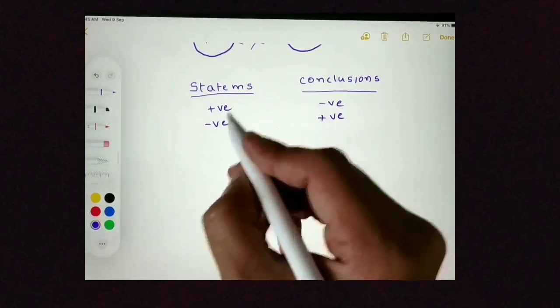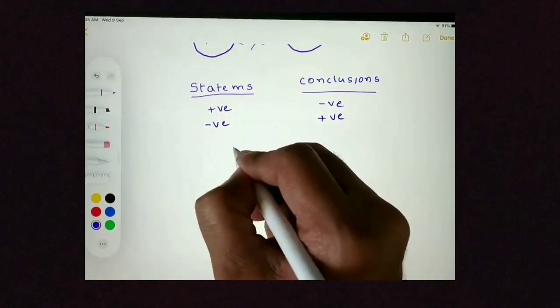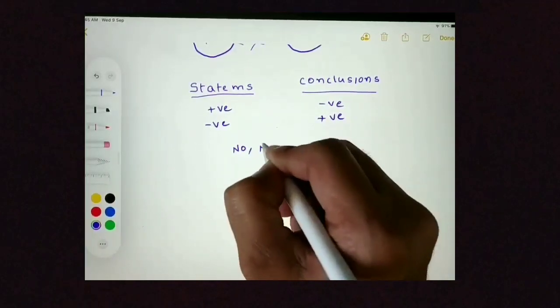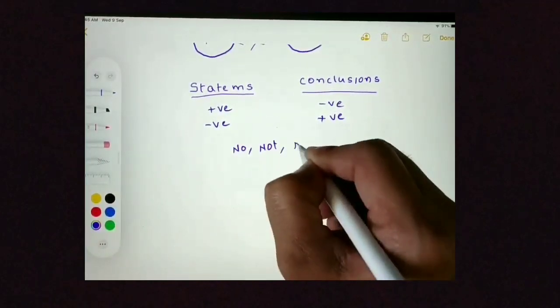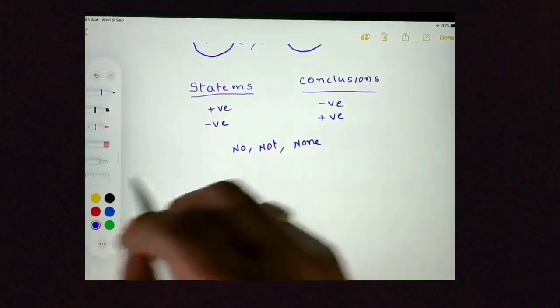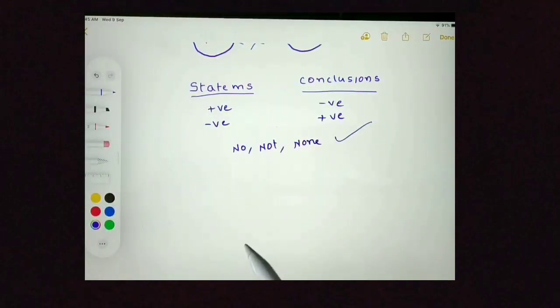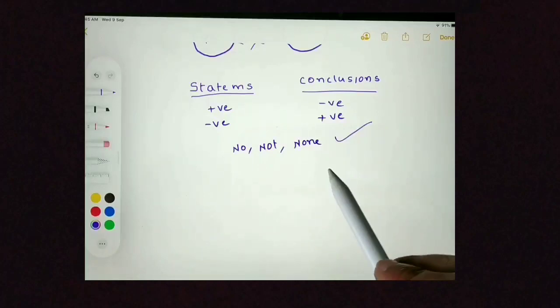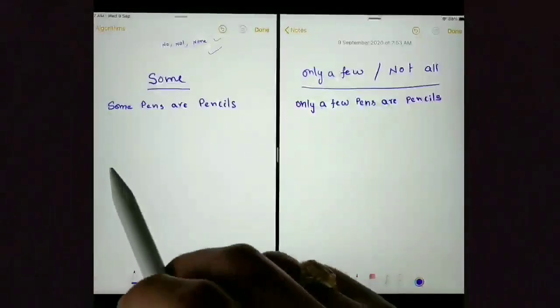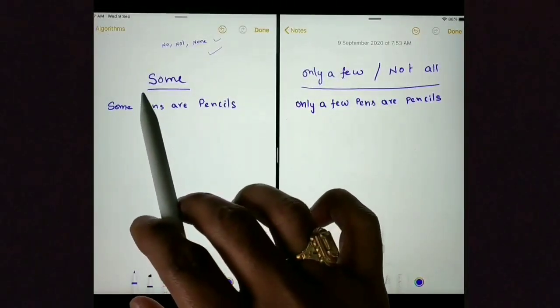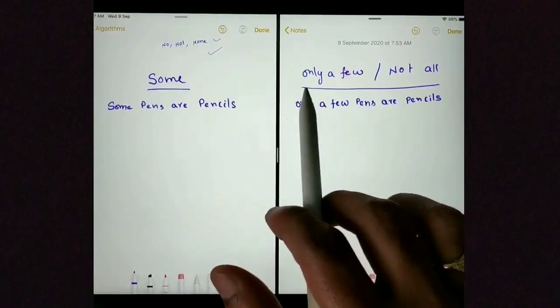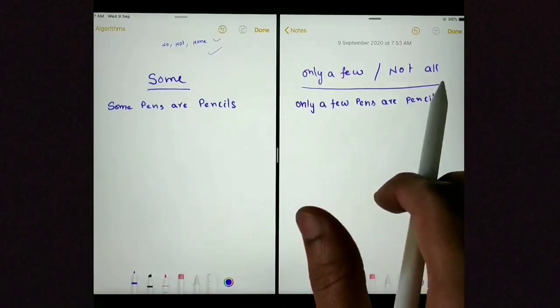If the statement or conclusion contains no, not, none, then you can say that it is negative. All the remaining ones are positive.